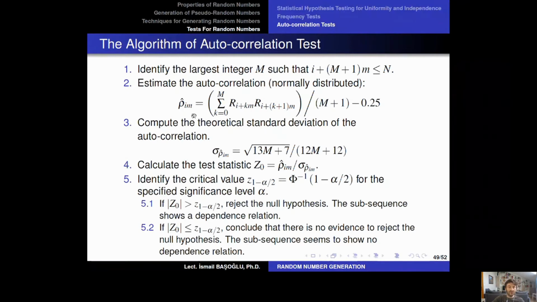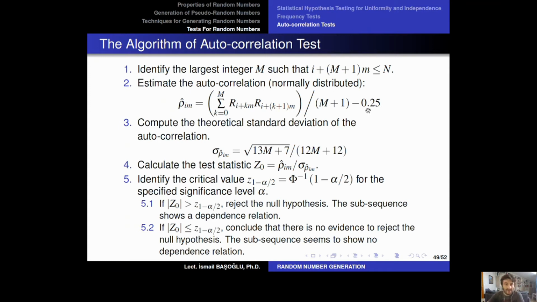So if your subsequence is, for example, R3, R8, R13, R18, and so on, you are multiplying R3 with R8, then R8 with R13, then R13 with R18, according to this summation. And then you are going to divide this summation by m plus 1, because there are m plus 1 terms here in the summation. So basically, you are taking the average of these products, and then you are subtracting 0.25 from the value.